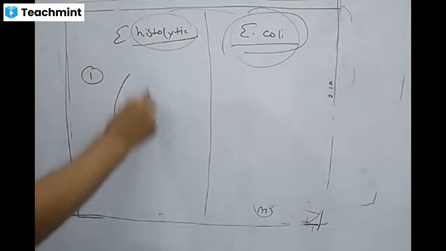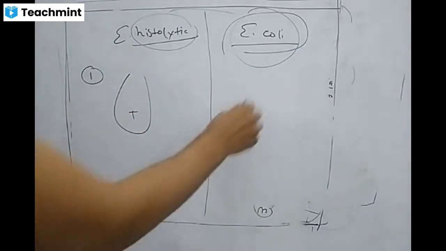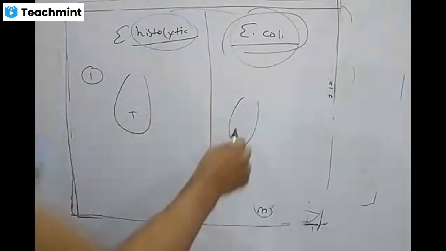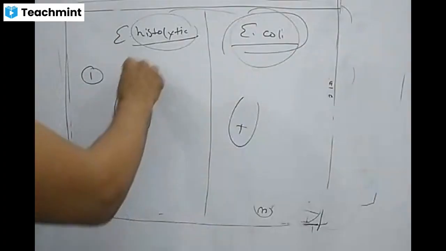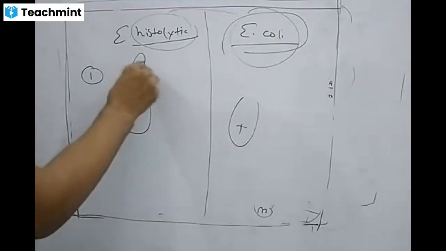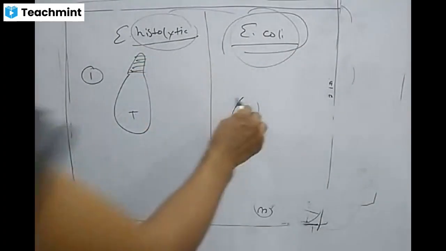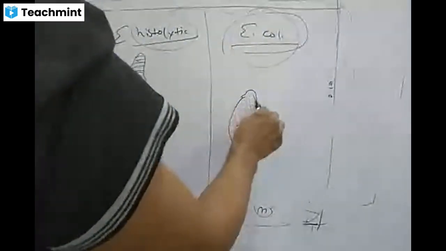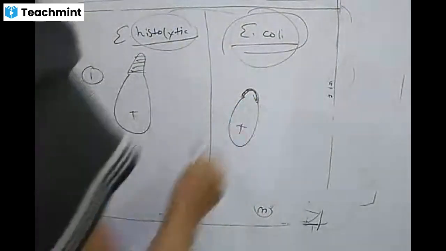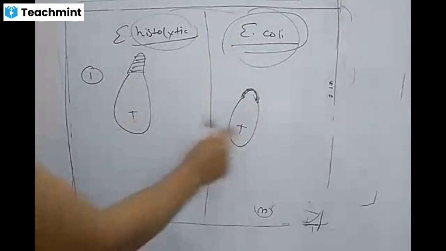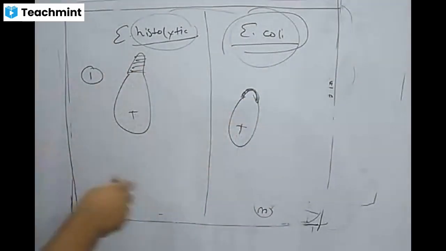One difference is with the trophozoite. In the trophozoite, here you will find finger-like projection, but in this one, you will find a small protuberance. So we can say these are the trophozoites of this and this.